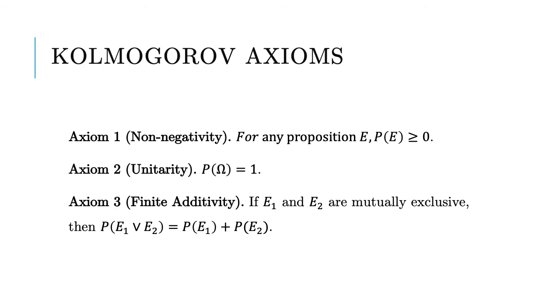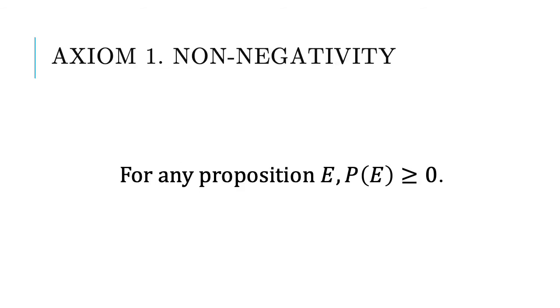Now we turn to the Kolmogorov Axioms, which provide us our foundational rules for the theory of probability. The first axiom is that for any proposition, or equivalently event E, the probability of that proposition is non-negative.